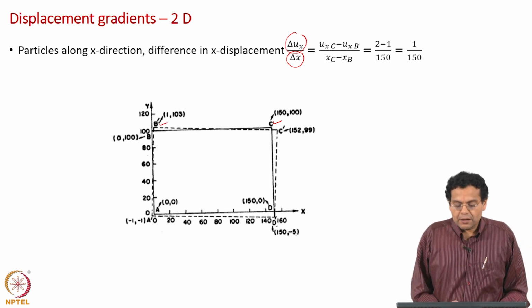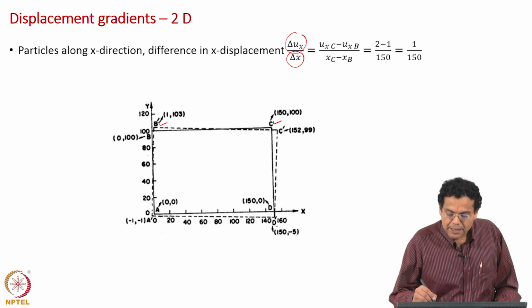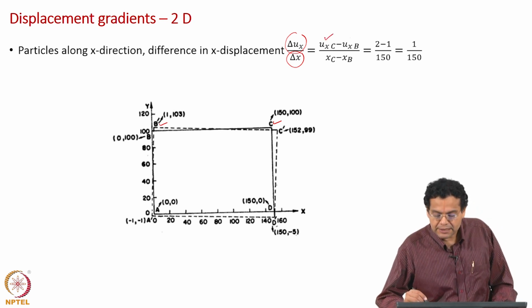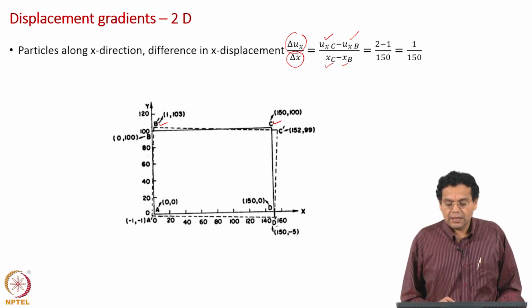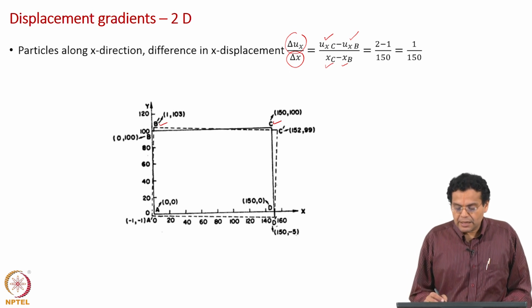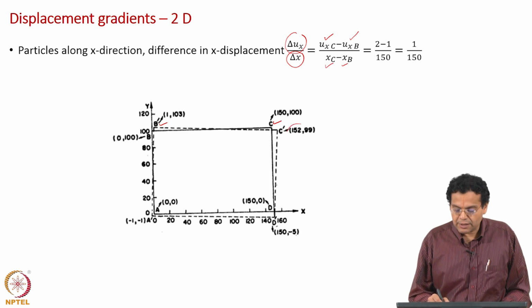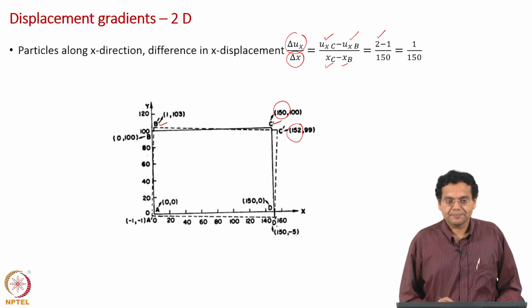Now, it says difference in displacement, which means x displacement of particle C minus x displacement of particle B, and of course, difference in their x coordinates. Let us take particle C, x displacement is nothing but the difference in x coordinate. The final x coordinate is 152, initial x coordinate is 150. So, the displacement of particle C is 2 units.